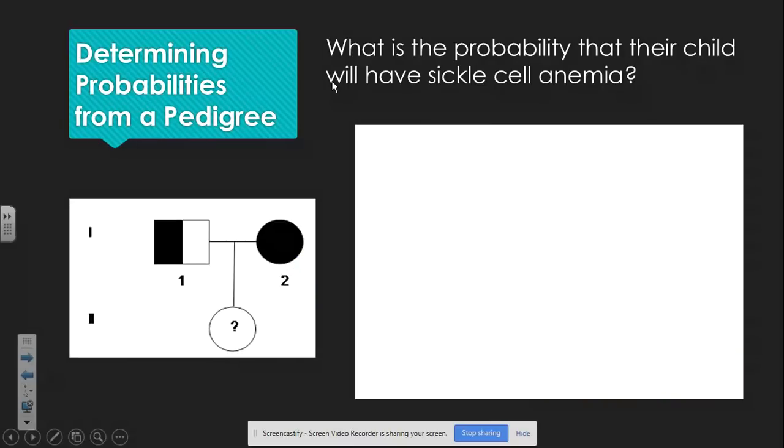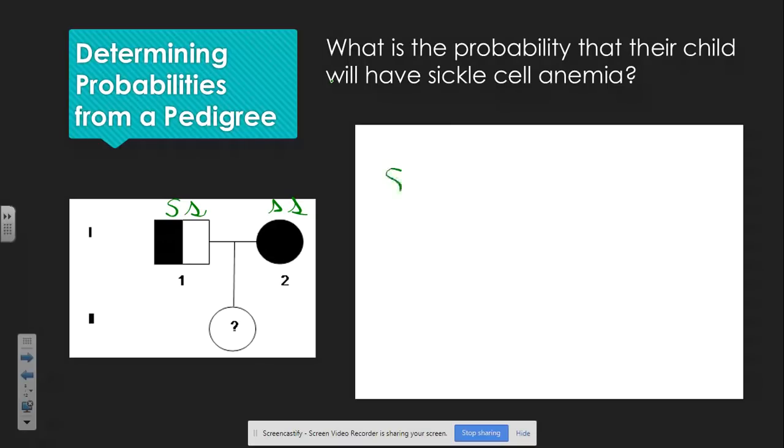Okay, so now we have a pedigree where we do see a half-shaded square or circle. That means that we do have the information to determine if they are heterozygous or homozygous. So in this case, we already know that dad is heterozygous, and mom has to be homozygous for the recessive trait because she is affected. She does have sickle cell disease.